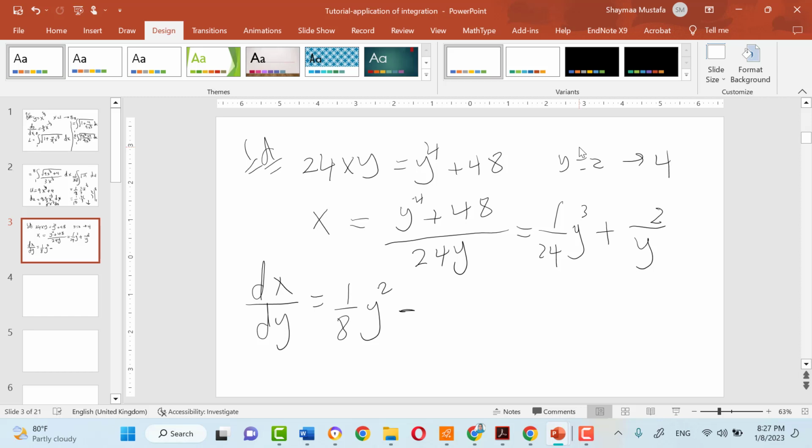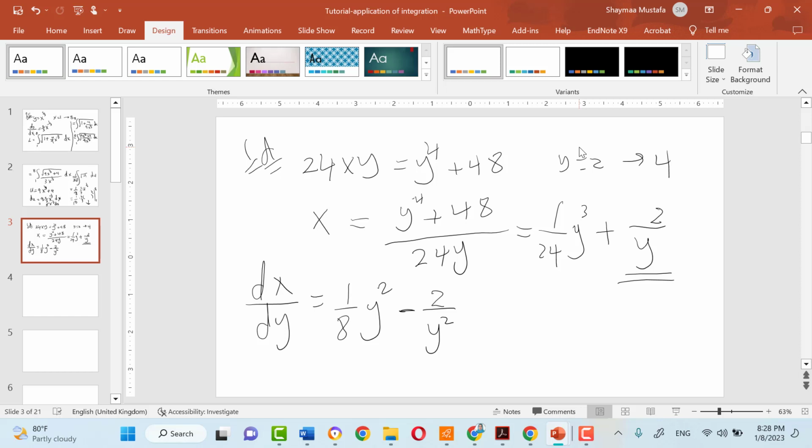The derivative of 2 over y, as a power function 2y to the power minus 1, becomes minus 2 over y squared. So this is dx over dy.